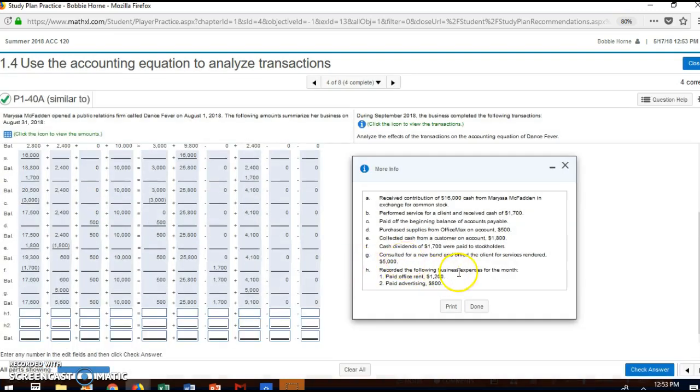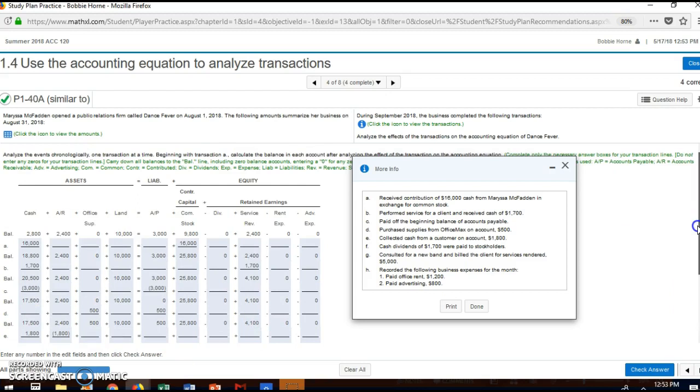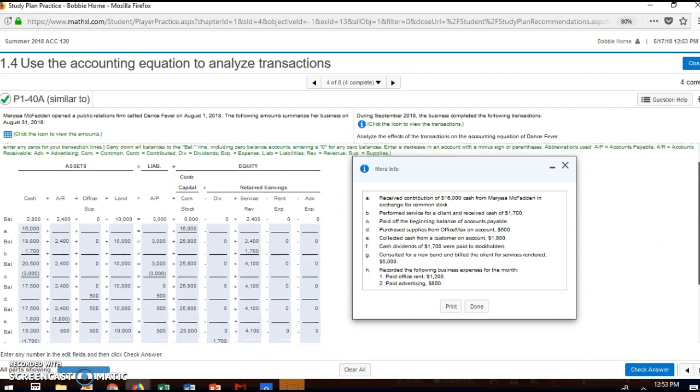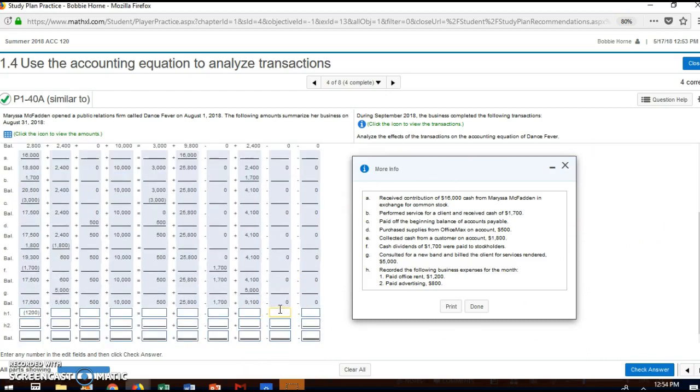Okay, and then for H, recorded the following business expenses for the month. The first one is we paid rent of $1,200. So cash is going to go down, and this is an expense that we have to have. So we say that it's a rent expense of $1,200, and then the next one is $800 for advertising. So cash, we're spending $800, and advertising expense would be here.